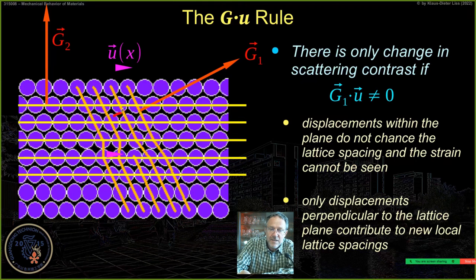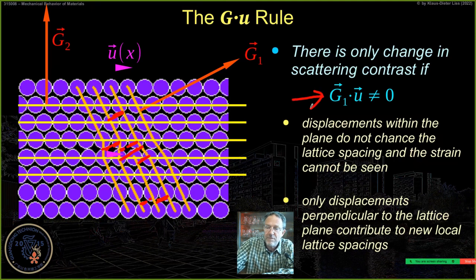This gives rise to different lattice spacings. This is the equilibrium lattice parameter far away from the dislocation, and here also are equilibrium lattice spacings far from the dislocation. Close to the dislocation I have a larger spacing here, and here also a slightly different spacing from the equilibrium spacing. Here I have a very big spacing, and there I have a narrower spacing.